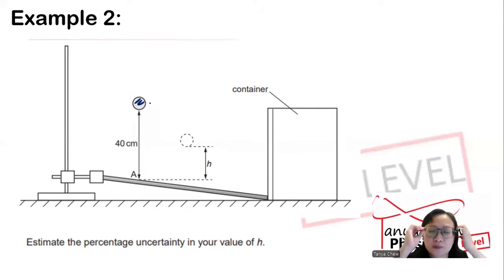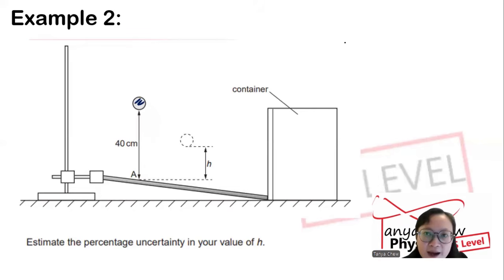To measure the height of the rebound ball, I have to look at the scale on the meter rule as well as detect where it will rebound to. I have to make sure that my eye level is perpendicular to the scale on the meter rule to avoid parallax error.